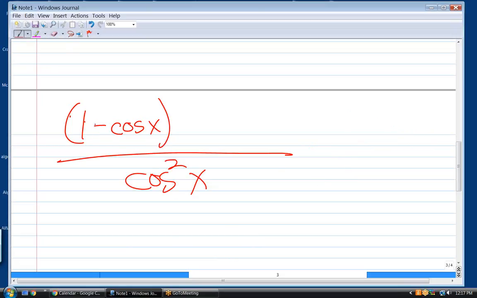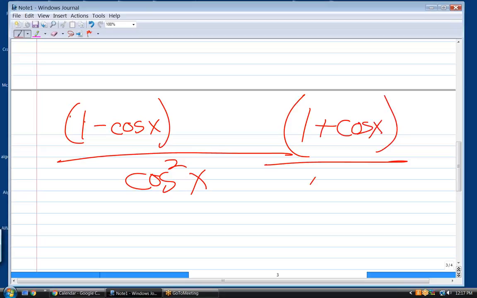Well, when I see this, there's no identity for that. But if I could turn it into 1 minus cosine squared x, I can replace it with sine squared x. So what we end up doing frequently is multiplying top and bottom by the conjugate.